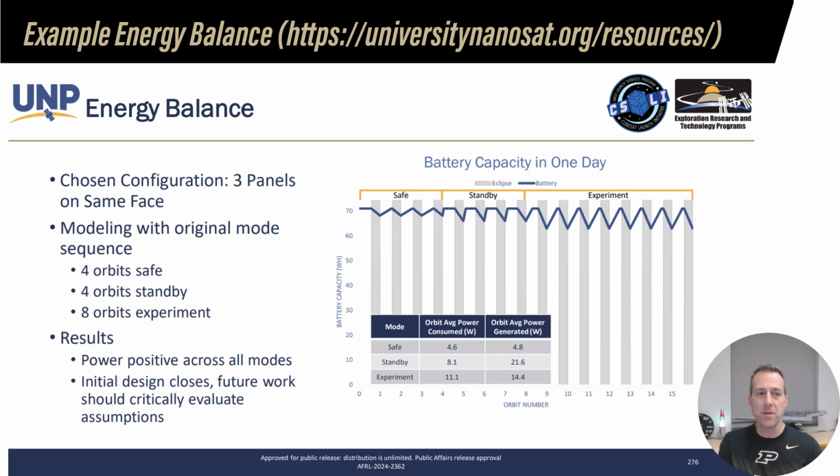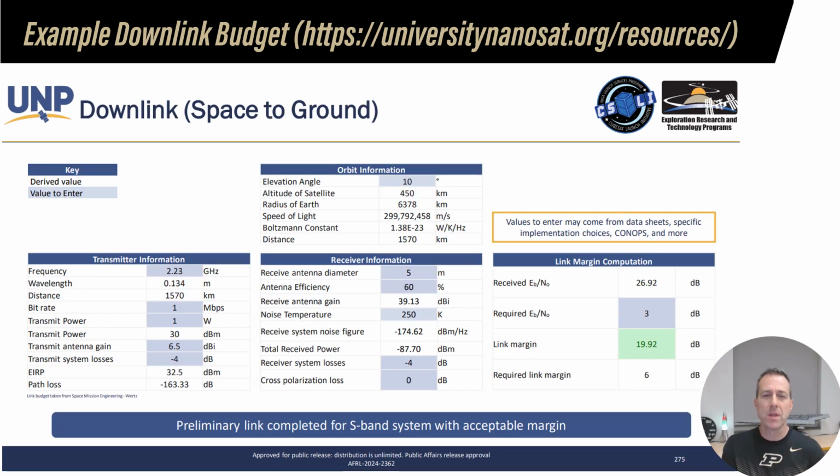Here's an example of an energy balance. This could be called a power or energy budget per se, and it just shows how your depth of discharge of the battery is not too great, even in eclipse, and how the amount of power you need versus power generated is balanced, and so that everything works.